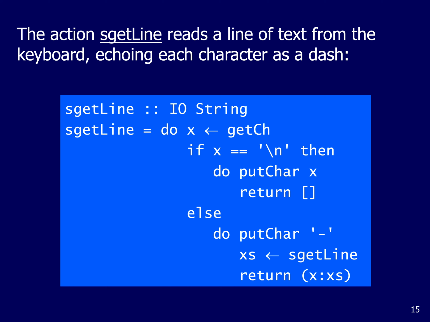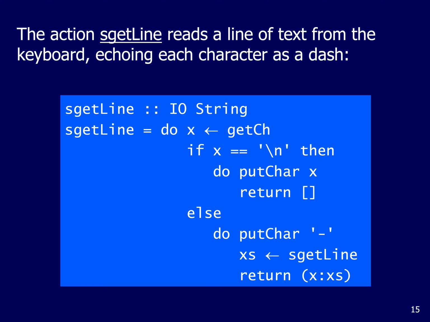And then, as before, we're going to check, has someone simply hit the new line symbol? And if they have, we're going to print that symbol. We'll actually echo it so that we move on to the next line, and then we'll simply return the empty string because nothing has been typed. Otherwise, in the else, we have another do block, and we're simply going to print a minus sign because somebody has typed in a character and it hasn't been echoed, so we want to reflect that somebody has typed something by emitting a minus sign.